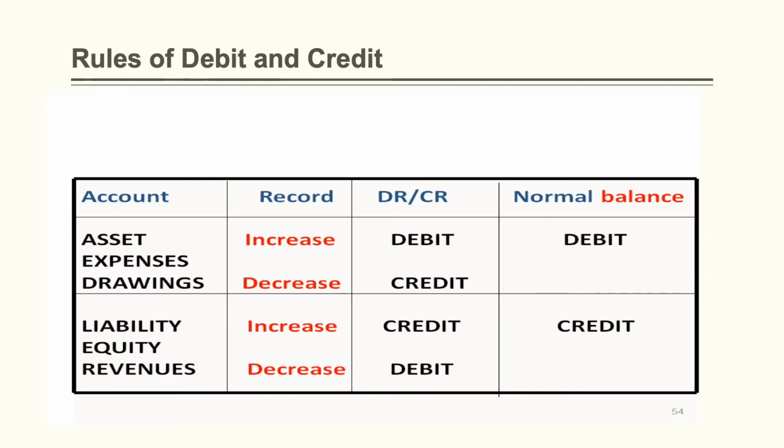But let me remind you, asset, expenses and drawing always have a normal balance on the debit side. Whereas for liability, equity and revenue, when liability increases, we must credit. When we decrease the liability, when we pay our loan, we must debit it. Again, these 3 accounts, liability, equity and revenue, normally have a credit balance.